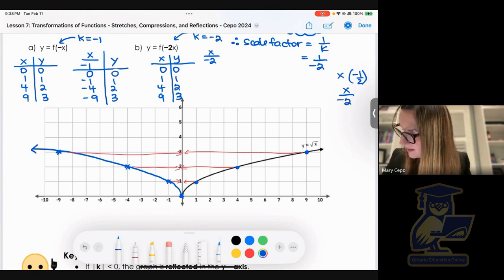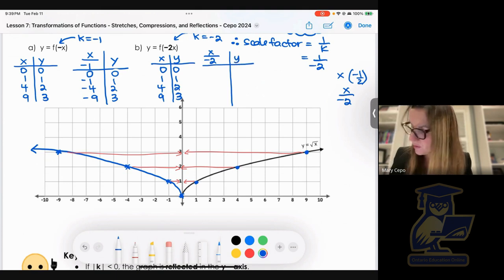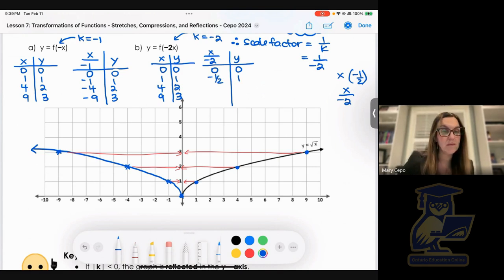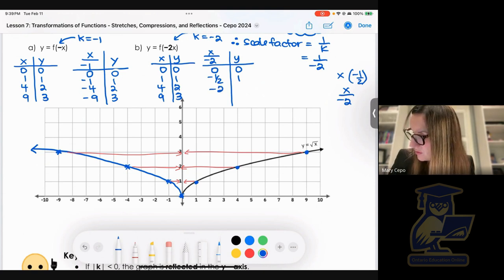So therefore, all my x values, I'm going to divide by negative 2, and my y values would remain the same. So 0 divided by negative 2 is simply 0. The y value remains the same. 1 divided by negative 2 is negative 1/2. Y value remains the same. 4 divided by negative 2 is negative 2. Y is 2. And 9 divided by negative 2 is going to be negative 4.5. And y remains the same.